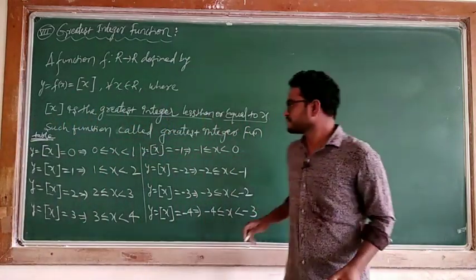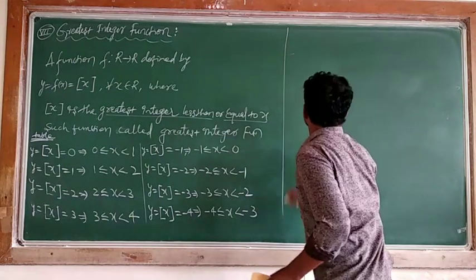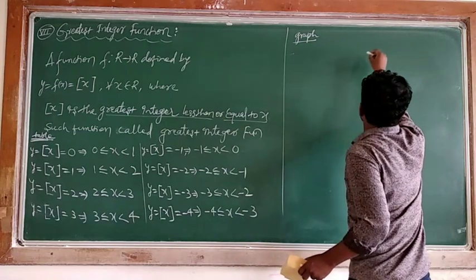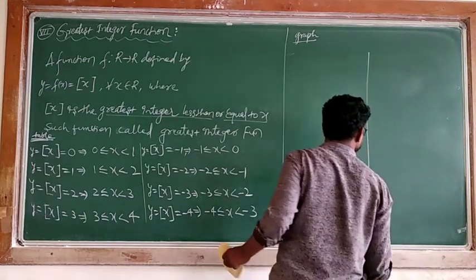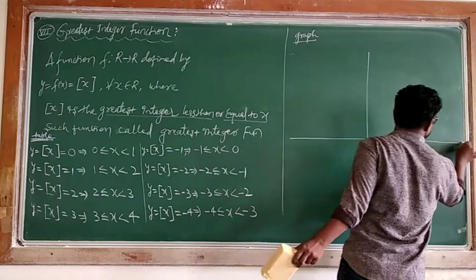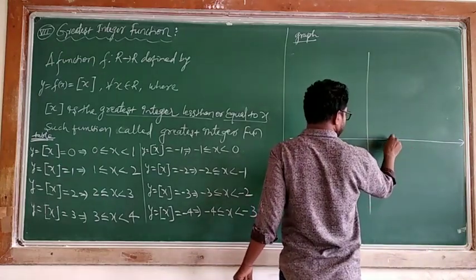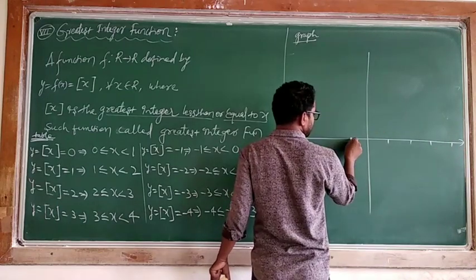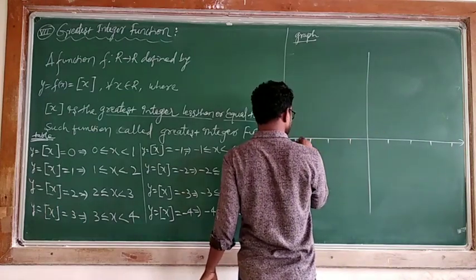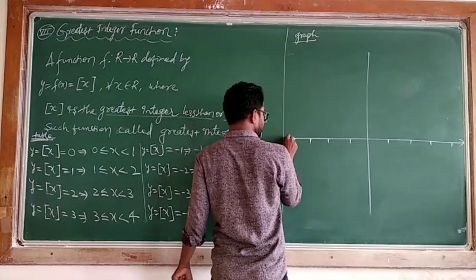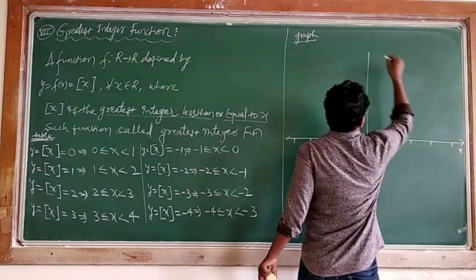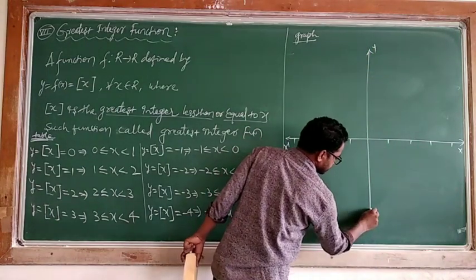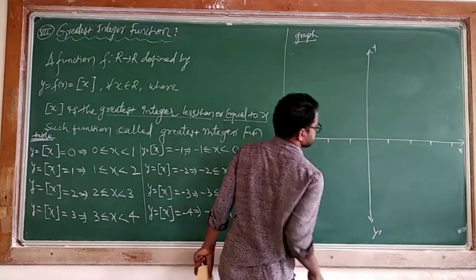Now I will take the graph. How is the graph? I can take 1, 2, 3, 4 and 1, 2, 3, 4. This is x, this is y, this is x dash, and this is considered as y dash.